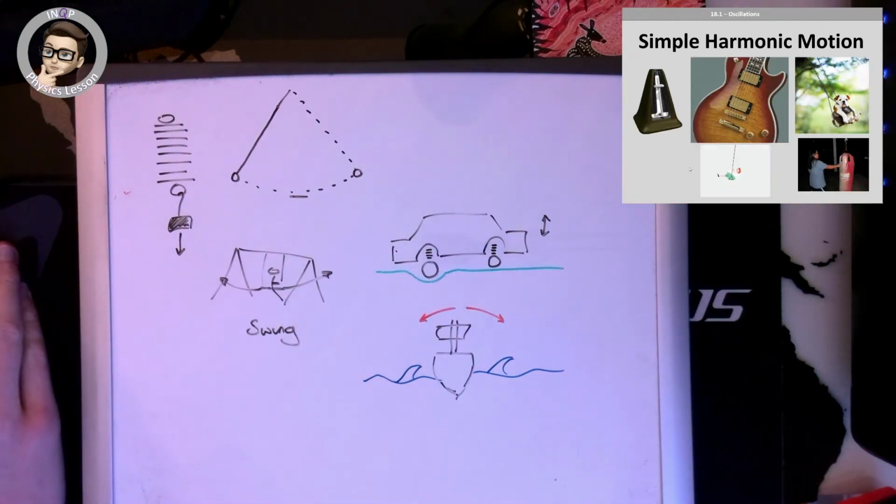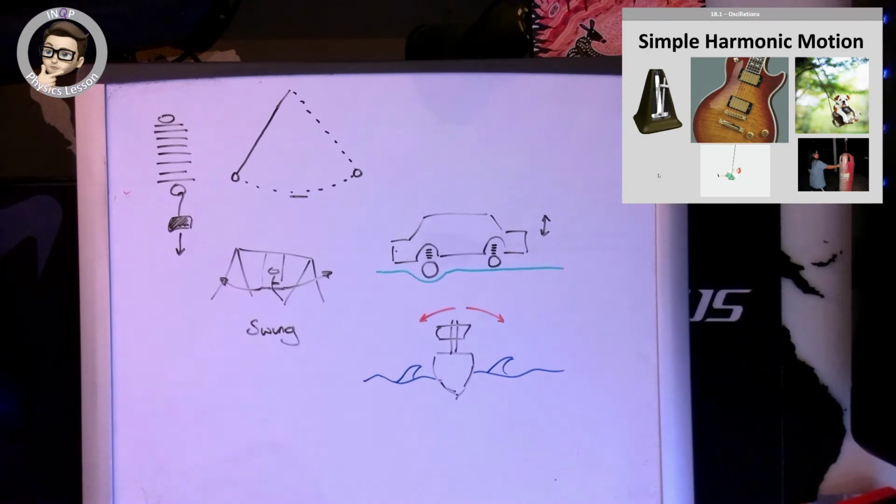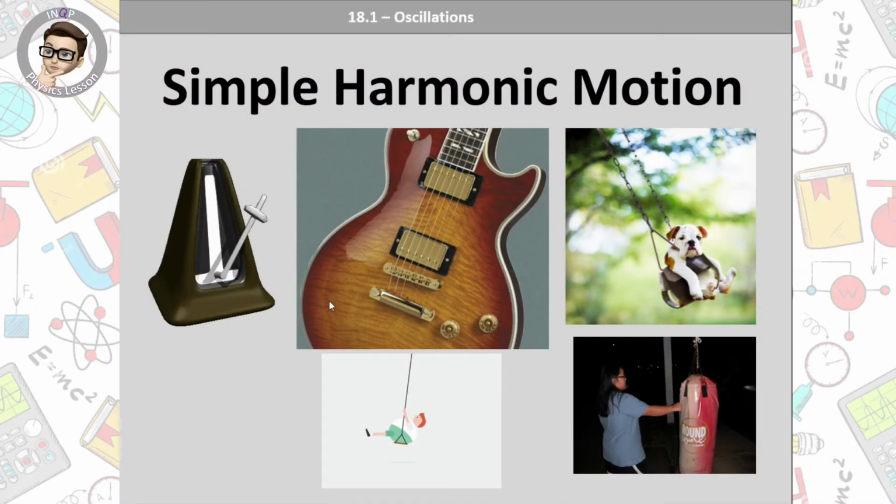So some other examples for you we've now got on the slide. Let's make the PowerPoint full size. We've got a metronome here, which is obviously moving backwards and forwards. It's a bit like that ship that was moving backwards and forwards. We've got guitar strings, because remember, harmonies happen. You get your harmonics because those strings have been plucked, which means they move backwards and forwards along this axis here.